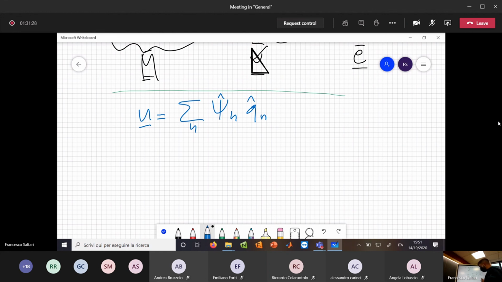So basically we define a modal displacement field that represents this mode as Cn.